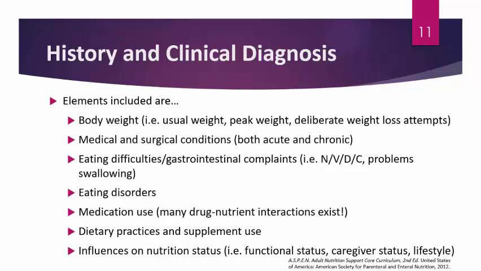Certain dietary practices and supplement use are very important to talk about with your patients if possible, because that may influence their current dietary status and nutritional status. And then any kind of other influence on nutritional status, such as their functional status. Are they able to walk around? Are they able to feed themselves? Do they need a caregiver to give them food or to feed them?